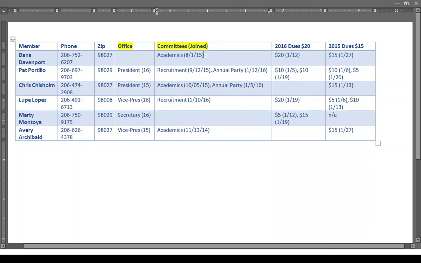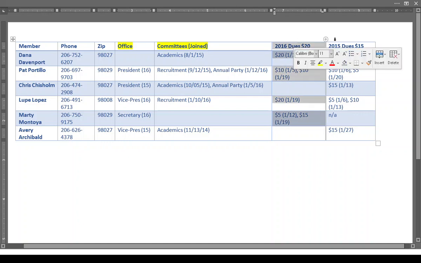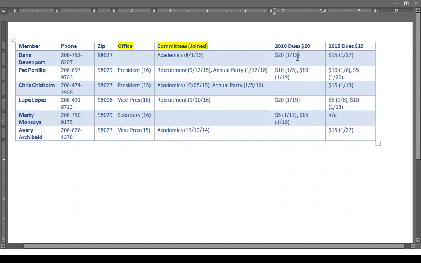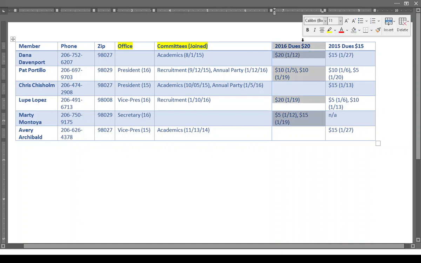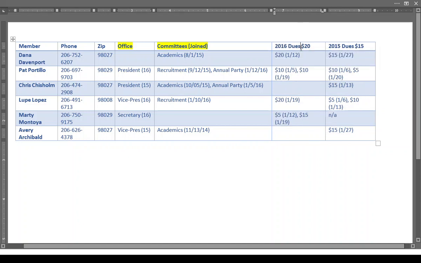Then our probably most difficult piece comes over here in the dues. You'll notice that right here we have the 2016 dues, here we have the 2015 dues, and we're guessing there's going to be more for 2017, 2018, 2019. So you've repeated the whole idea in multiple columns, and you know that's not right.